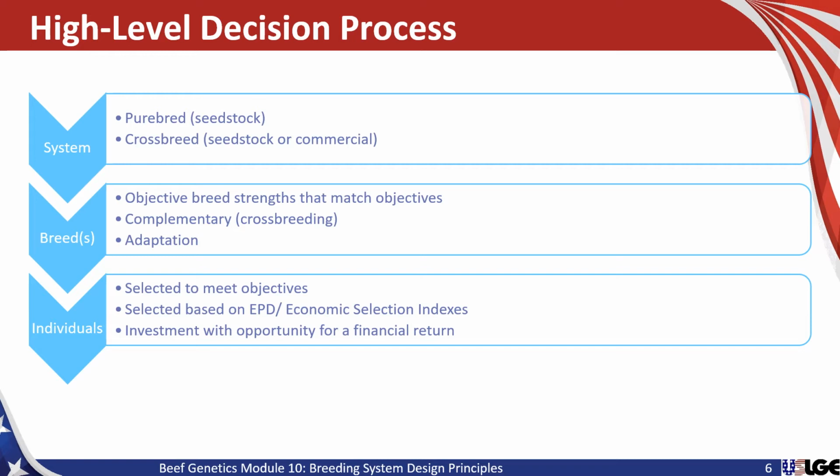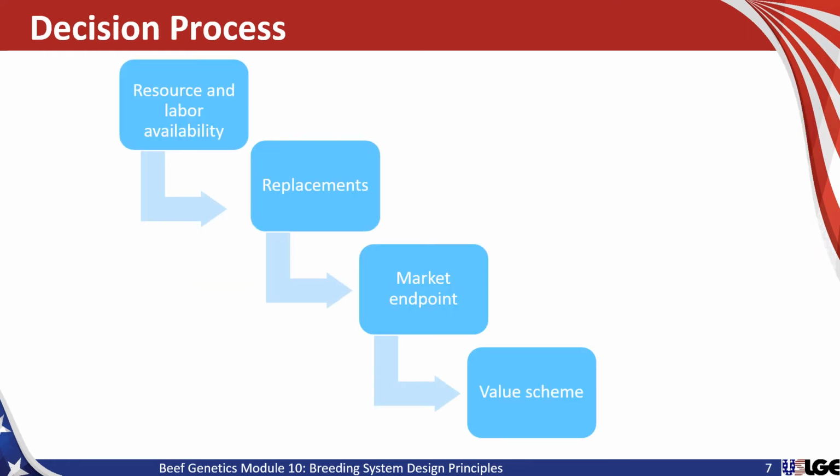From there, individuals have to be selected, and they should be selected based on genetic merit using EPD and economic selection indexes that best match the breeding objectives. Furthermore, the choosing of bulls or semen should be thought of as an investment with an opportunity for a financial return.